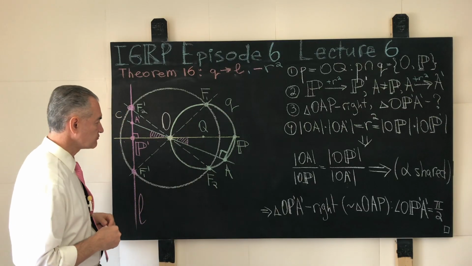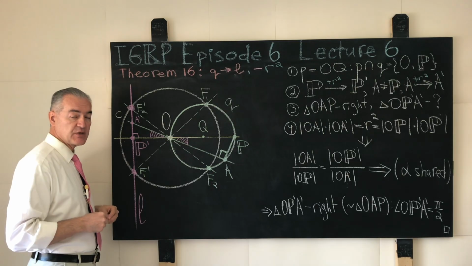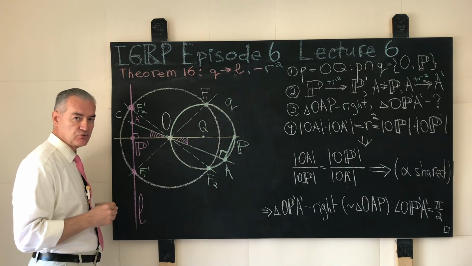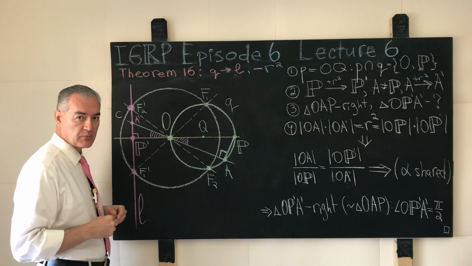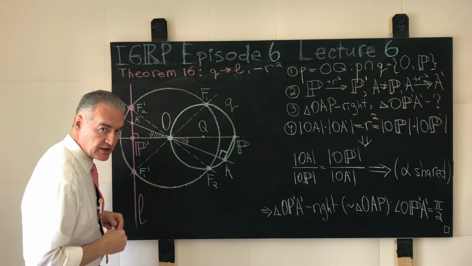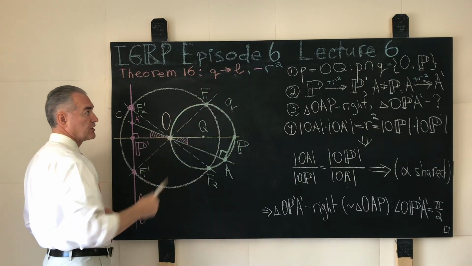And as such, it is entirely possible to take theorem number 15 that we just proved, plop on top of that theorem number 8, and then claim that theorem number 16 is already proved.